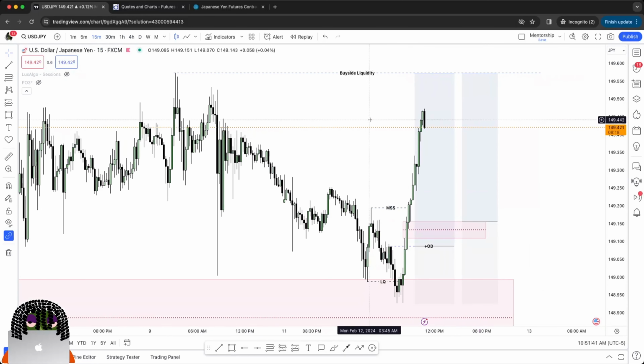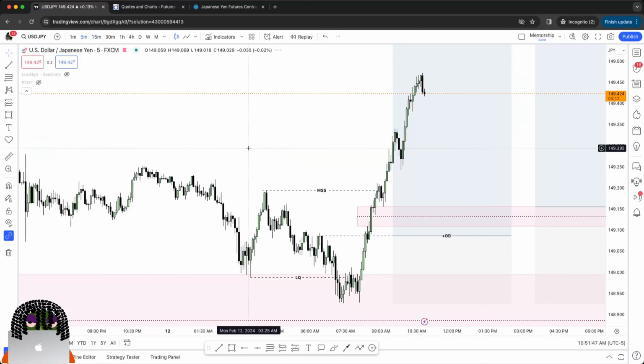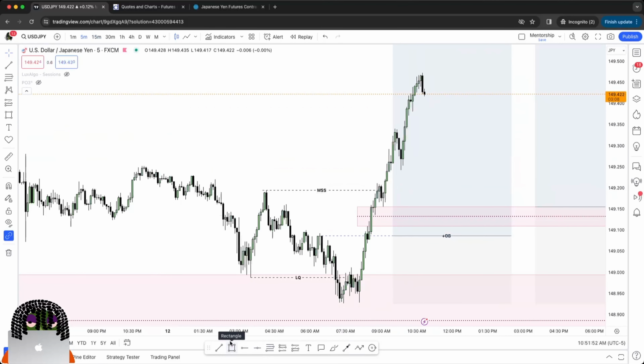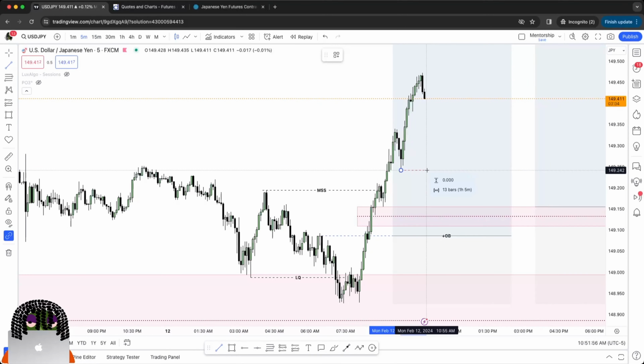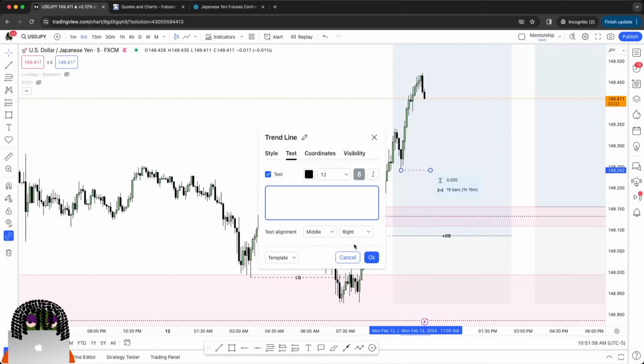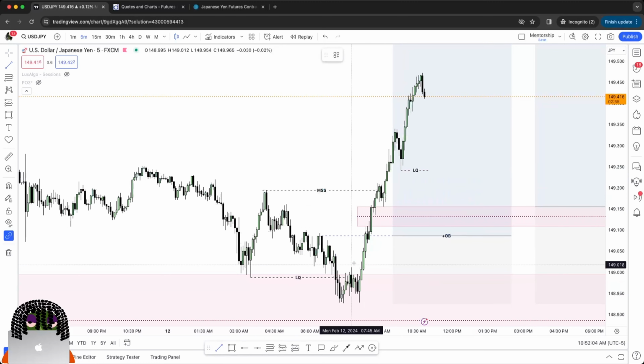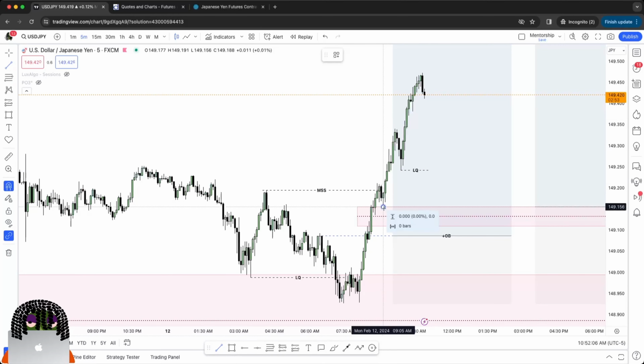Because if it comes back, what I believe it's going to do is take this liquidity right here. See that liquidity? And this also is liquidity right here.